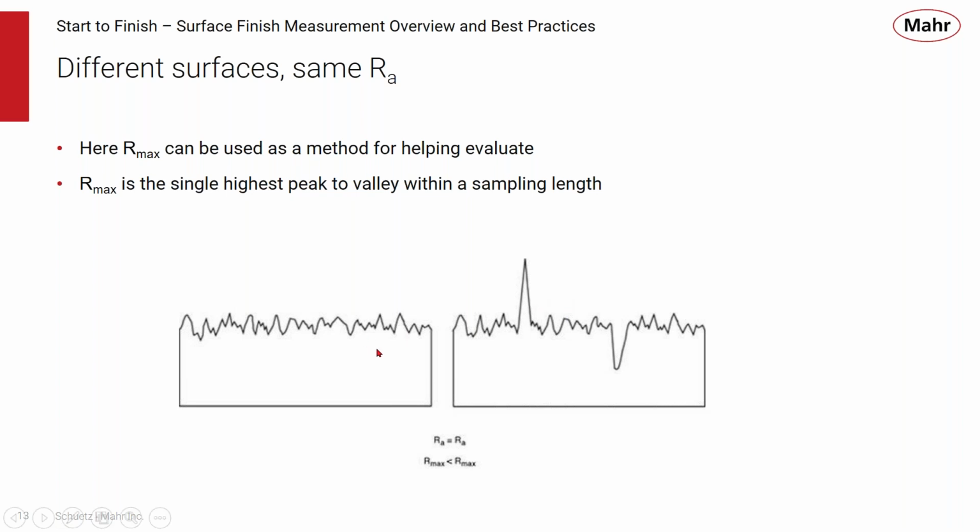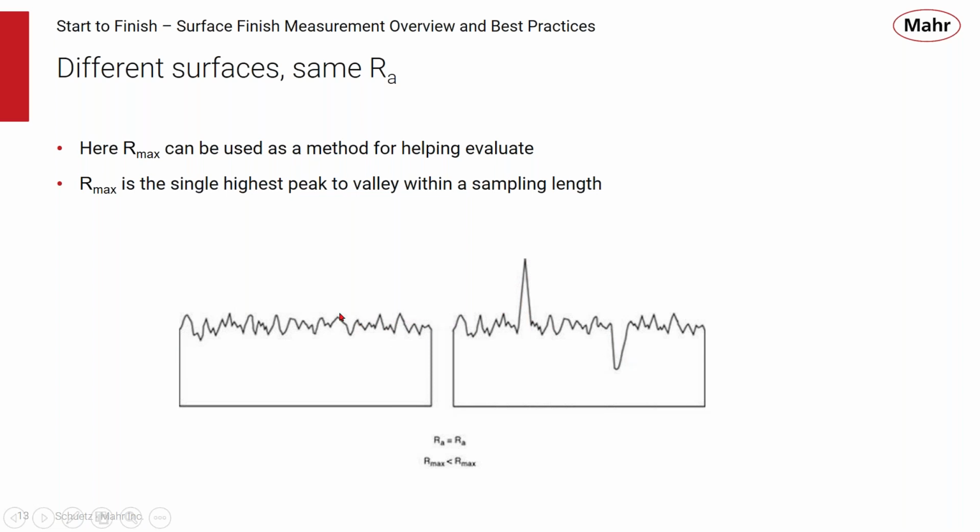So here's another one where Ra is giving us the same parameter, but Rmax might be a better method for analyzing and helping evaluate the process. You can see, here's a surface that has a roughness form to it, and here's the same one that has a couple of very high peaks and valleys to it.